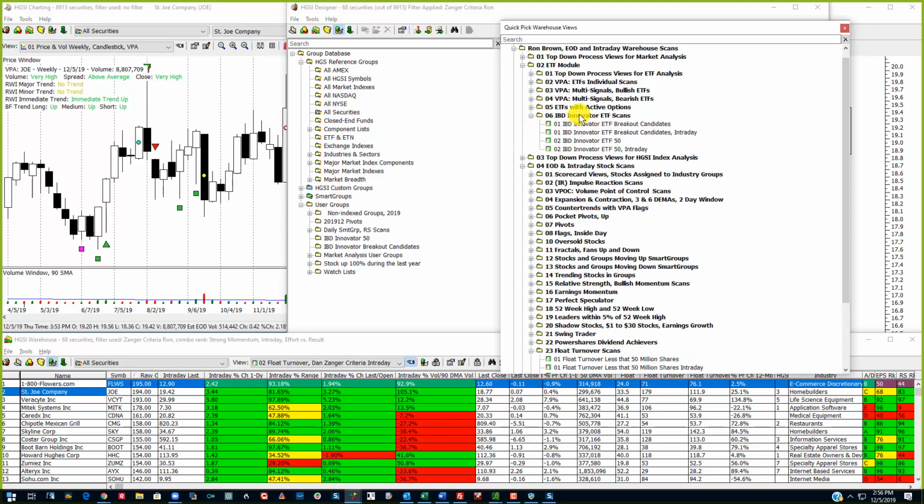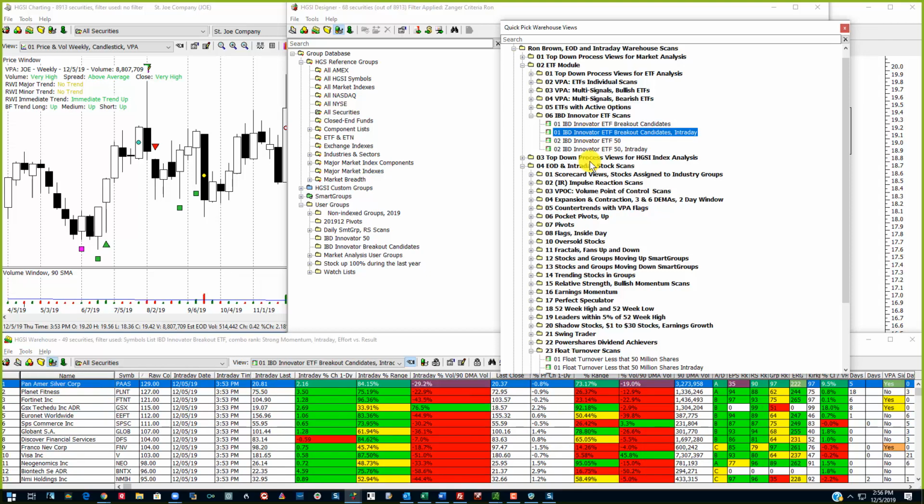The Innovator ETF scans. Whatever this company is, they put these stocks in an ETF. And like I said, they didn't update it for a month, and now they've updated it again, but these are stocks that are in here.